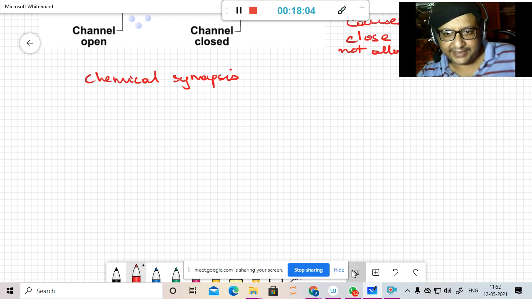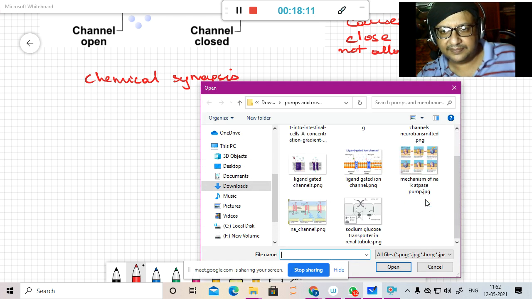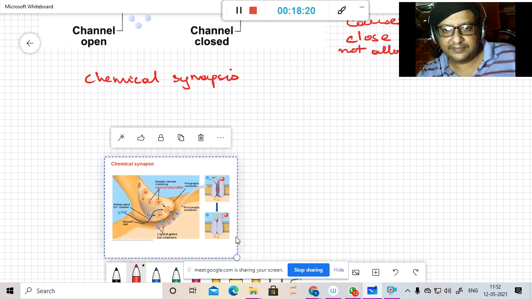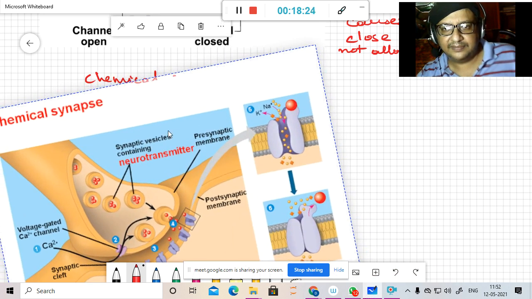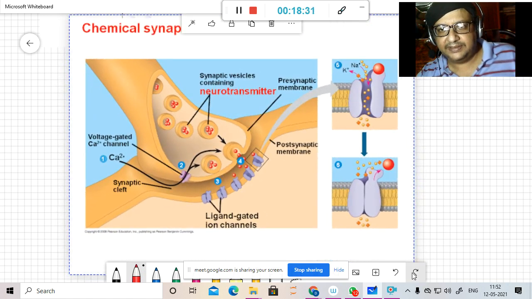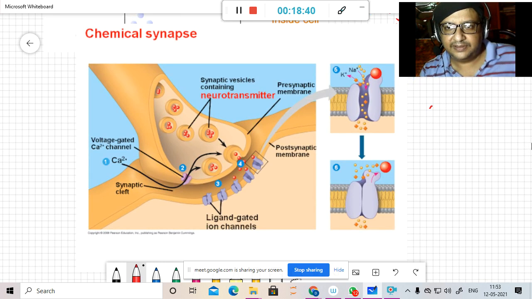Let us see a picture of that. So what happens here is that when the synapse takes place, these red dots are the neurotransmitters.